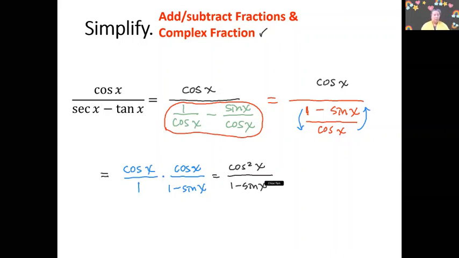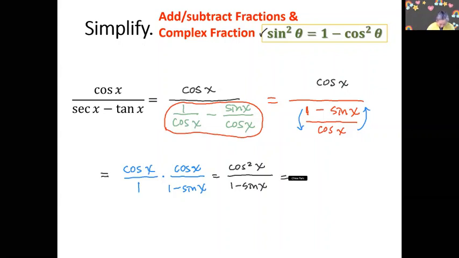Then again, I notice cosine square of x will be 1 minus sine square of x, right? So I can rewrite cosine square of x into 1 minus sine square of x, and the denominator will be still 1 minus sine x.